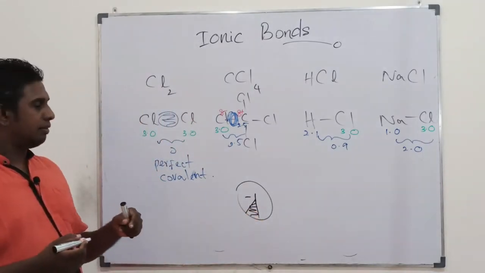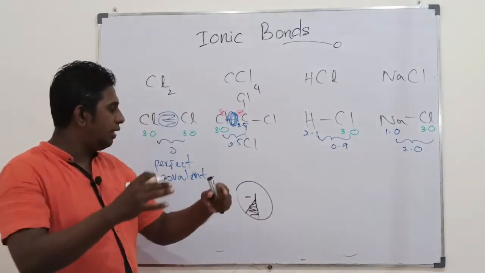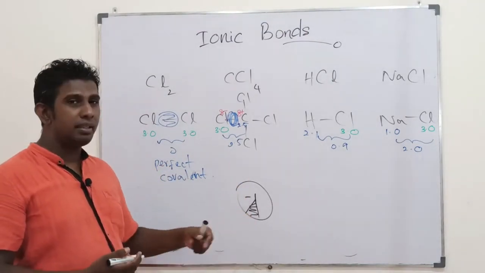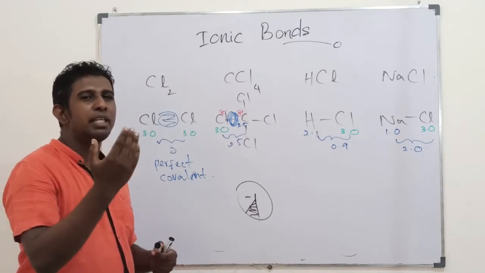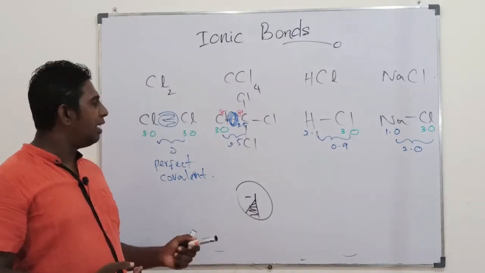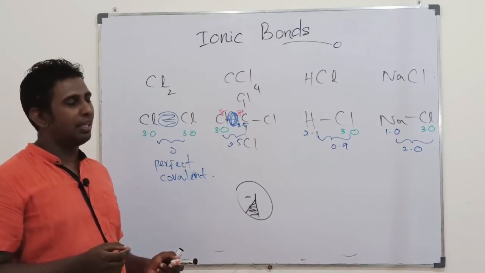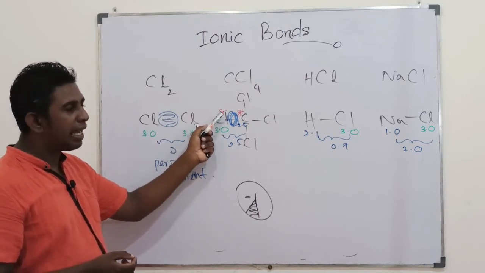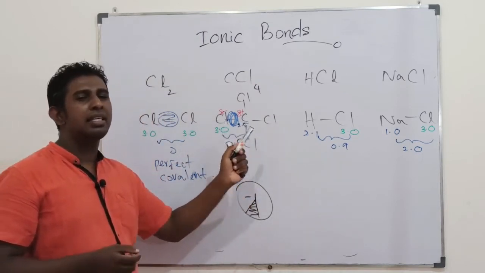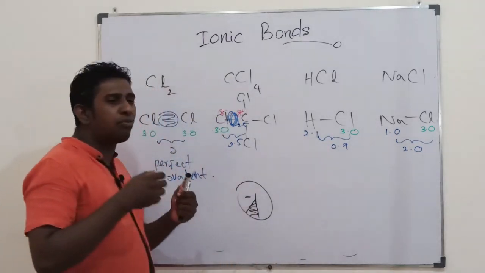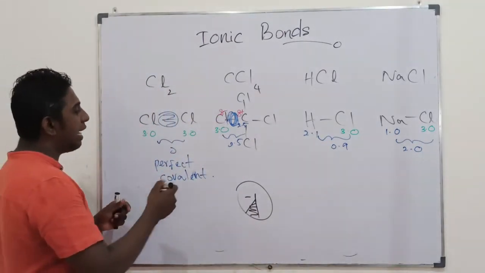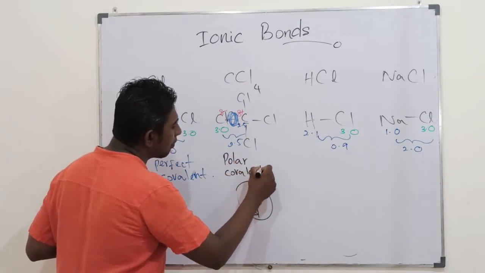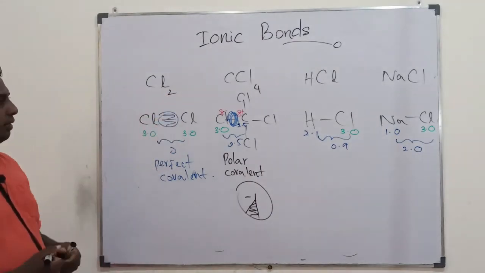If -1 represents the gain of one electron, this is given as just a piece of that -1. We call it a dipole. So, students, you get a slight negative dipole here and a slight positive dipole there. Therefore this bonding is referred to as polar covalent. Okay, let's go to the next.